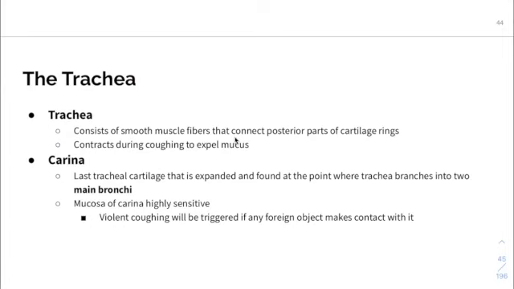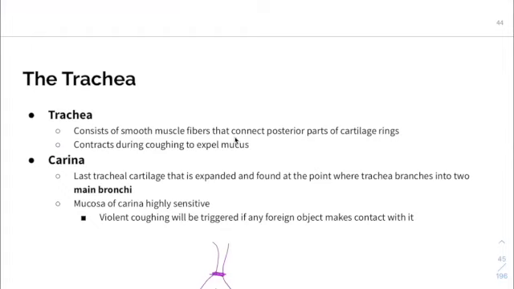That last tracheal ring, cartilaginous ring, that is found where the bronchi split off into the right or left. There's this cartilaginous ring here that's called the carina. It's very sensitive.